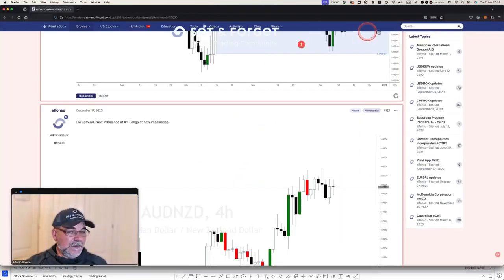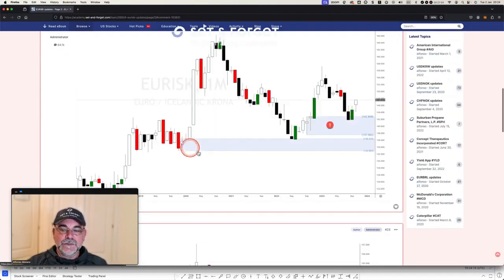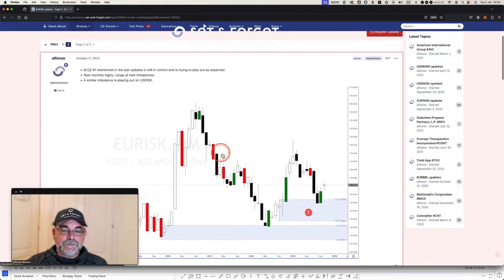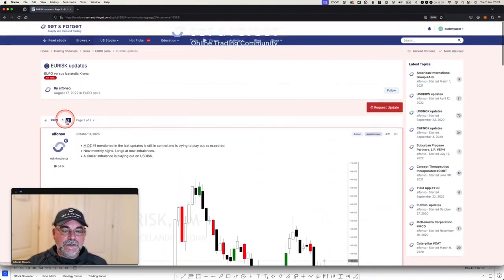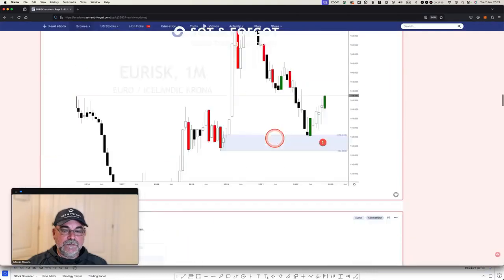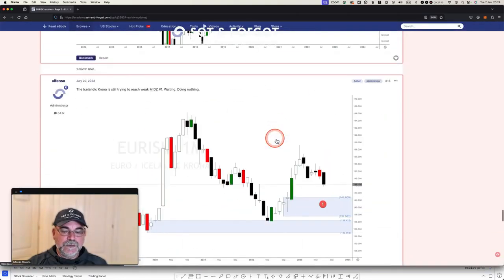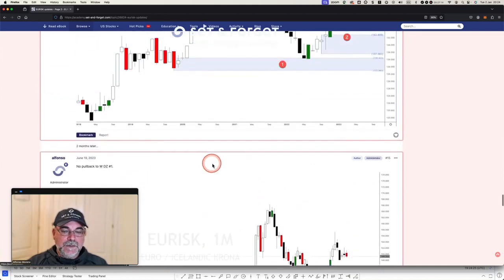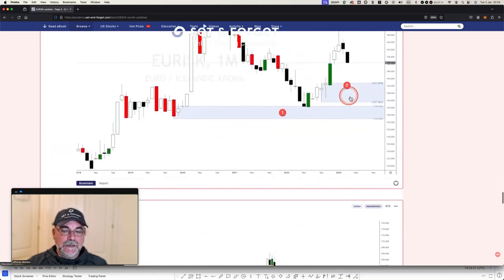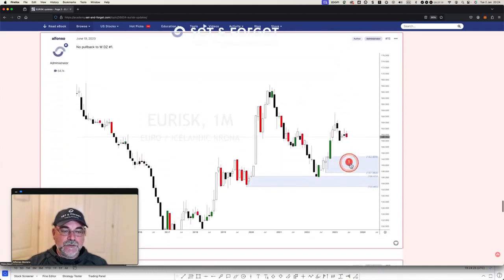And when I go here to the website, I look it up. Euro dollar versus, okay, so we've been talking about these levels for a long time. Scroll, okay, monthly demand level, playing out, new monthly demand level over there, trying to reach.